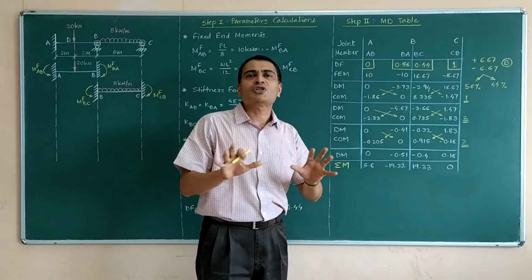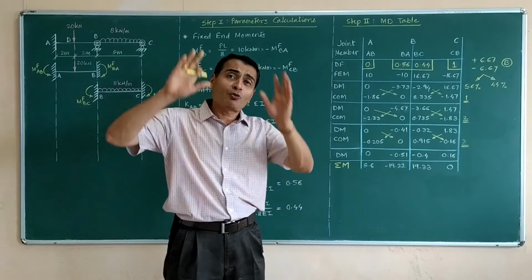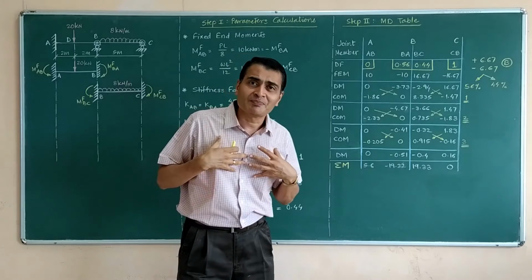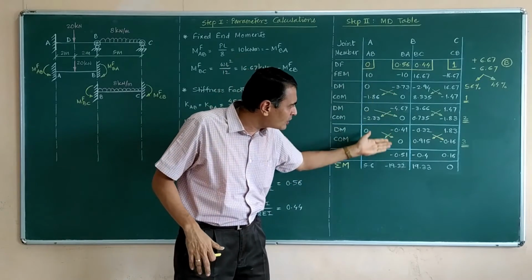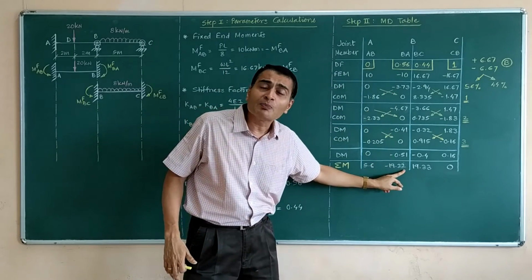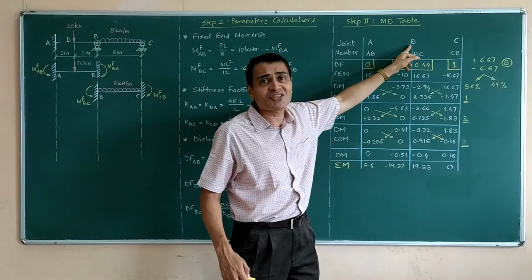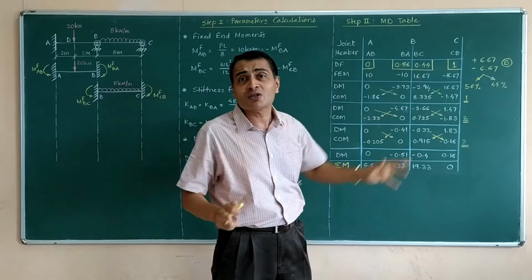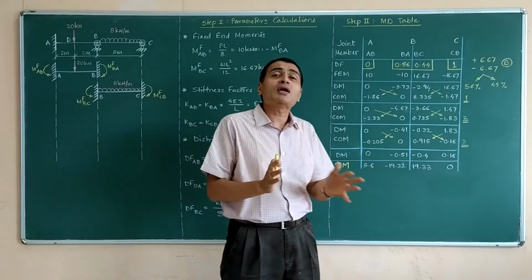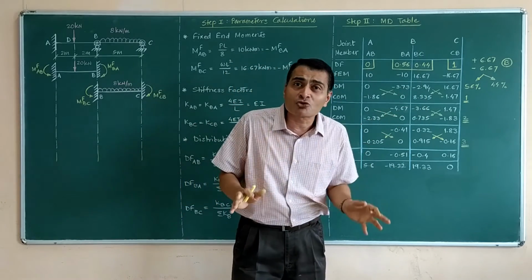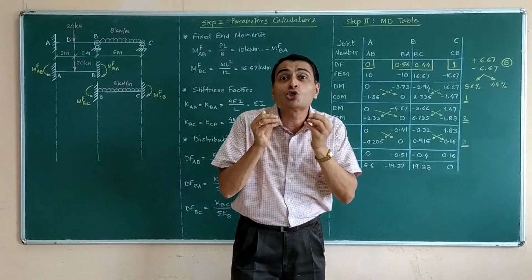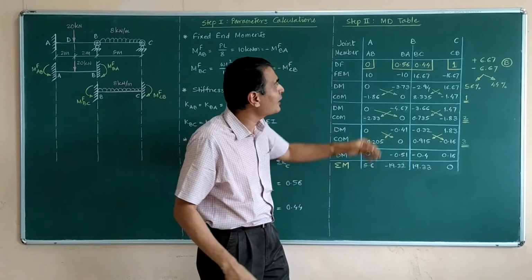This is not a magic show. I mean, it is magic show by Professor Hardy Cross, not by me. So you actually calculate all this, you will get negative 19.32, and then you add at the same joint B. See, what we know is for the balance of joint B, M of B and M of BC should be equal and opposite. So that is what we are trying to check, whether it is really happening like that or not.